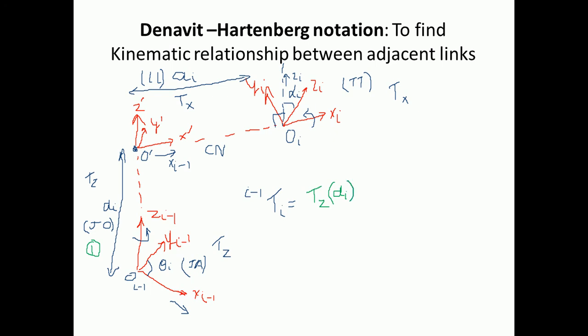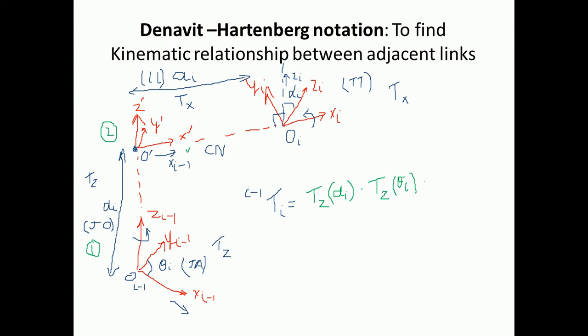Now the next step is that we do rotation about the z axis, the zi minus 1 axis, so that this i minus 1 axis is going to be parallel with this common normal. The homogeneous transformation is represented by this letter, and we do rotation about z axis, and the parameter is theta i, which is called the joint angle.